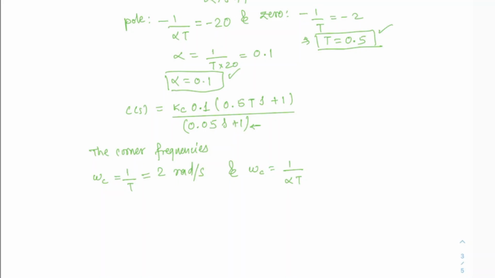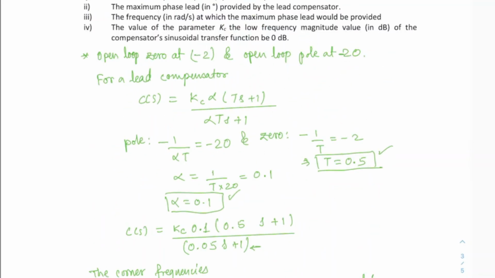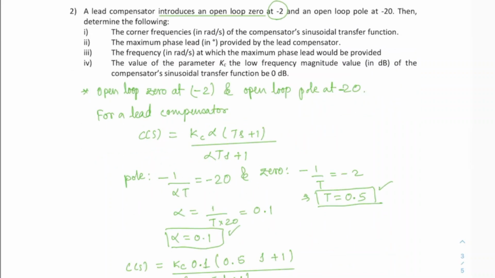This would turn out to be 20 radian per second. So these are the corner frequencies in radian per second.